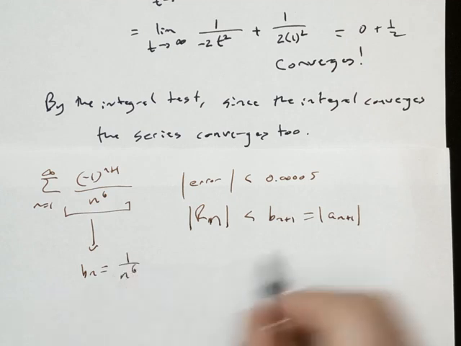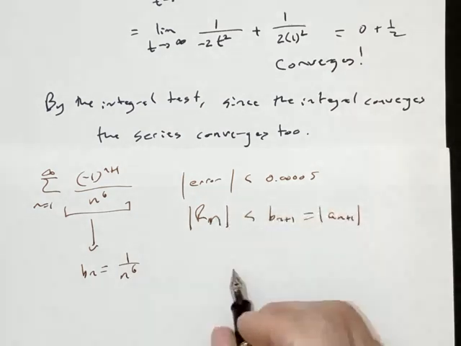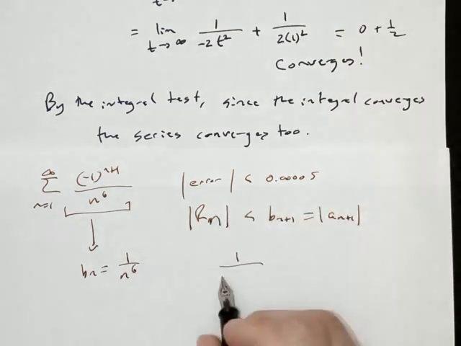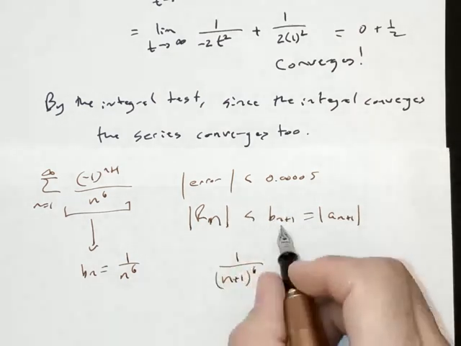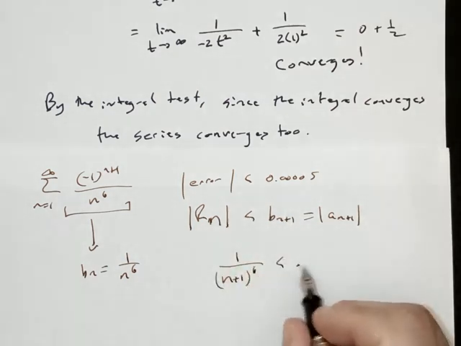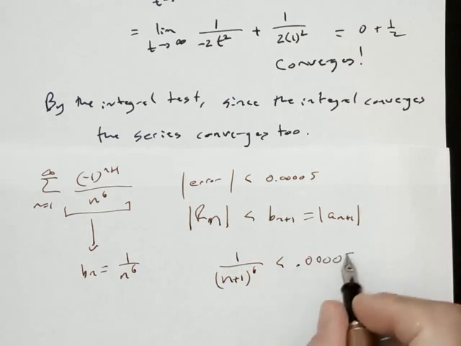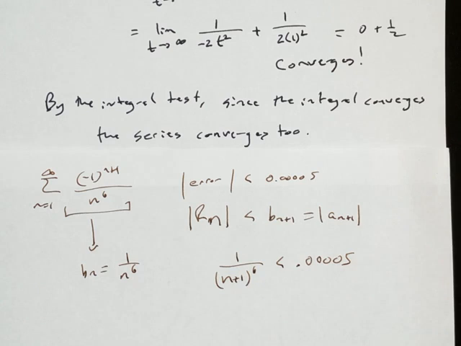Wonderful. So I'm going to set up an inequality. I want 1 over (n+1) to the 6th to be less than 0.00005. Point four zeros and a 5 is a fraction.